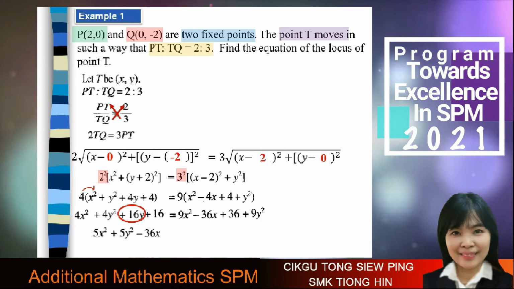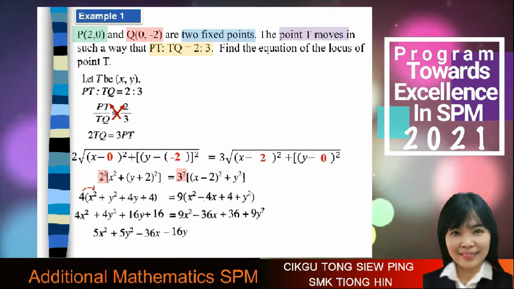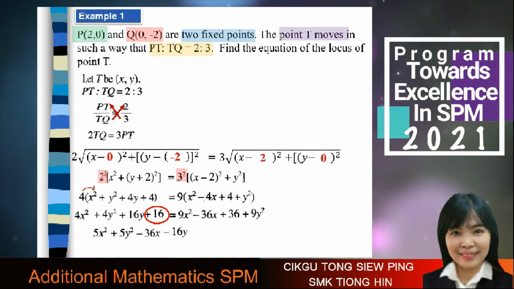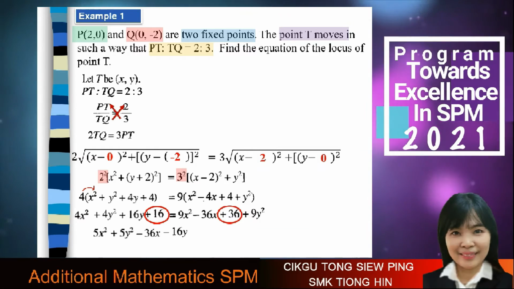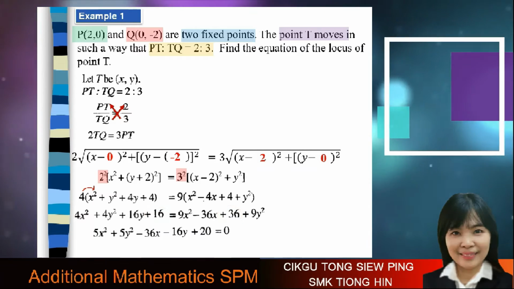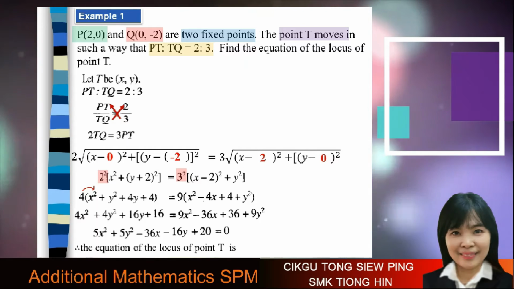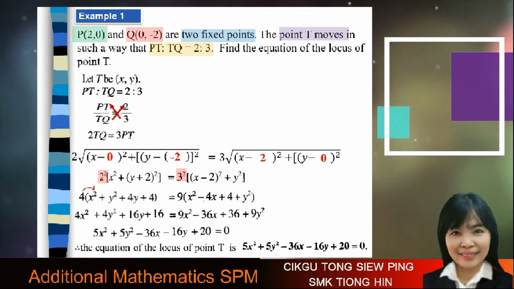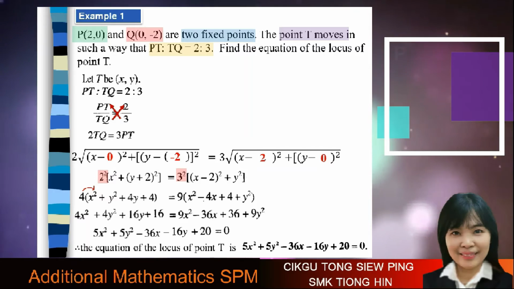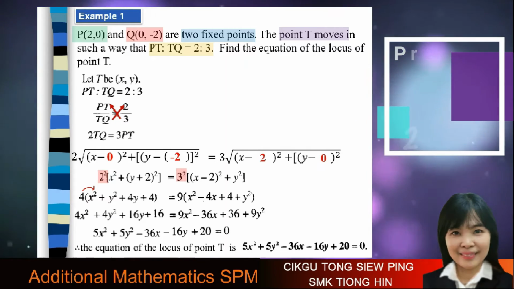And for this 16y, we shift it to the right hand side, it will become negative 16y. And for the numbers 16 and 36, we subtract them, we get 20. So the equation of the locus of T is 5x squared plus 5y squared minus 36x minus 16y plus 20 equal to 0.